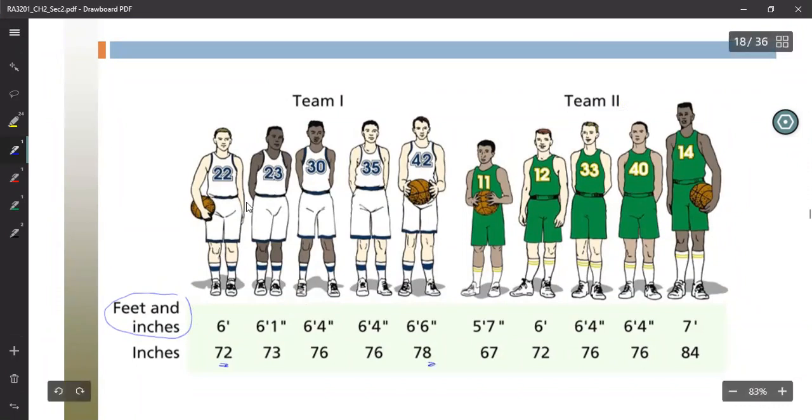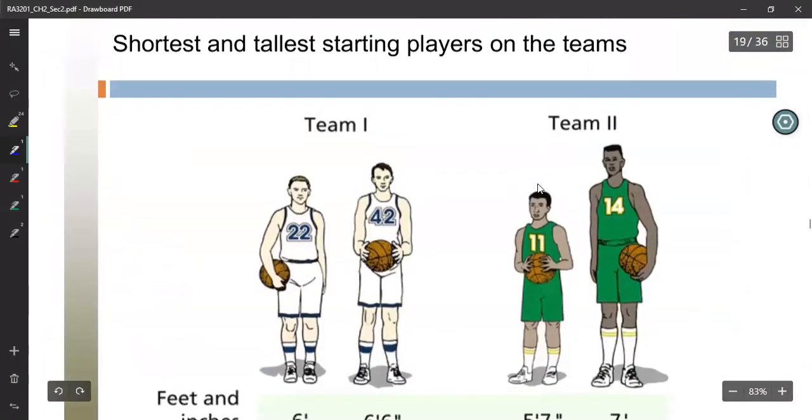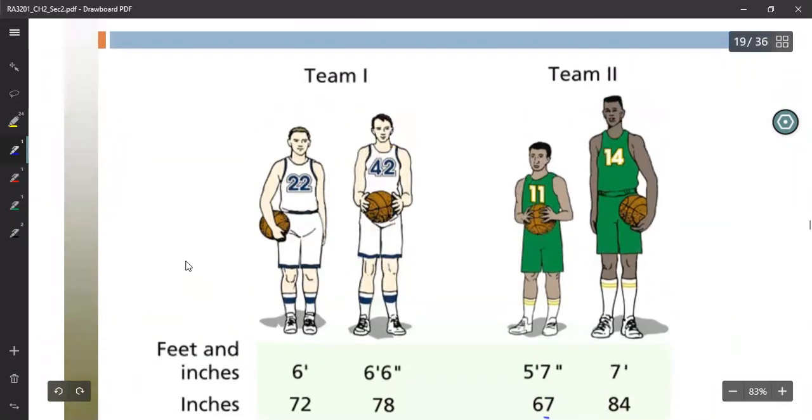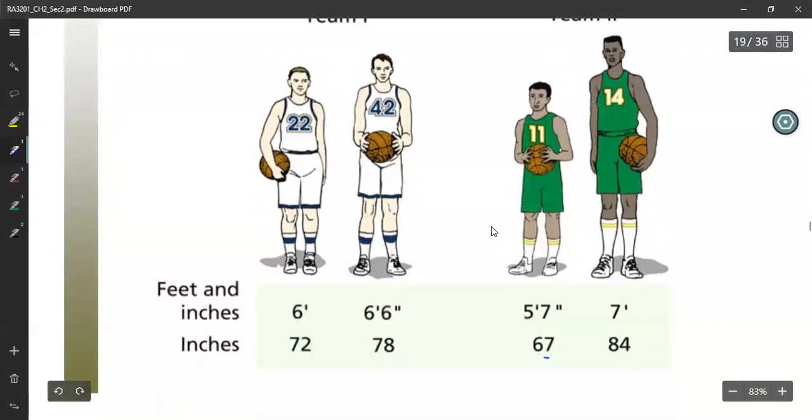In the next team, the shortest is 67 inches and the tallest 84 inches. Now what do you see there? These are the minimum and the maximum, right? Min and the max.